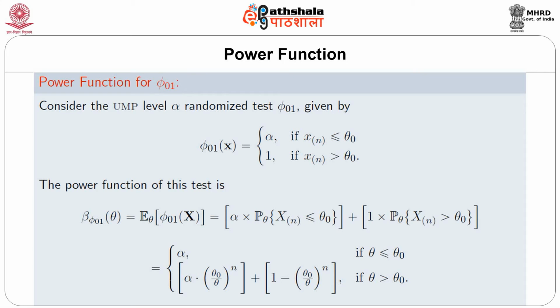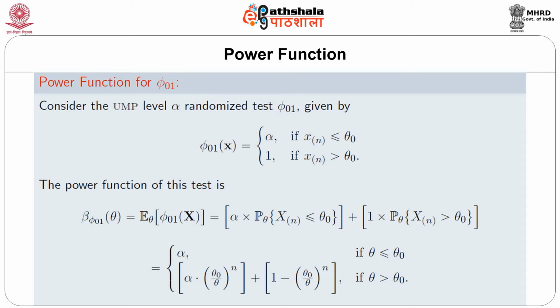Now calculate the power function. The expected value of phi naught 1 under theta is each value into the corresponding probability. So alpha into the probability under theta that x order n is less than or equal to theta naught, plus 1 into the corresponding probability that x order n is greater than theta naught. Now how can you calculate the probability that x order n is less than or equal to theta naught? If theta is less than theta naught, then definitely the probability that x order n is greater than theta naught is 0.